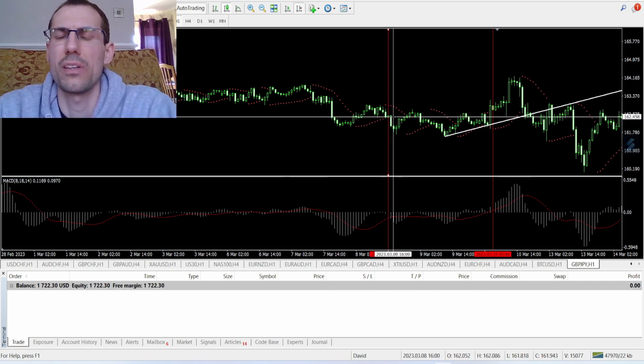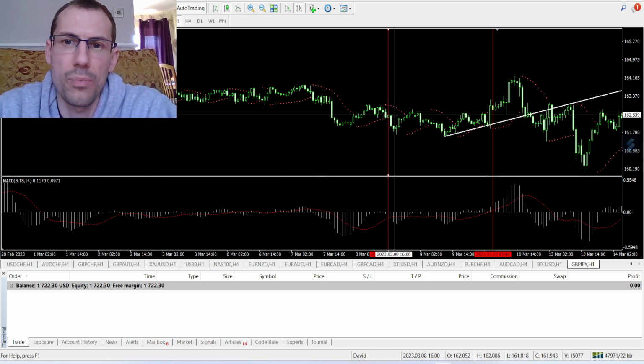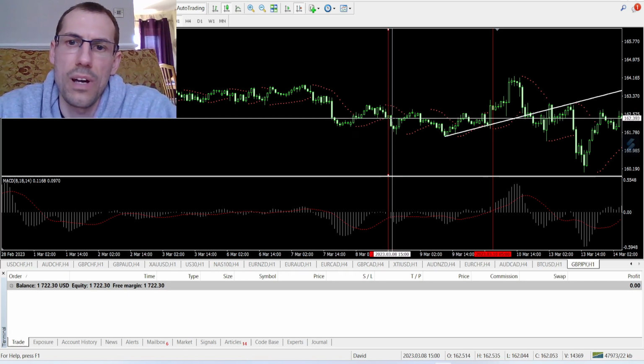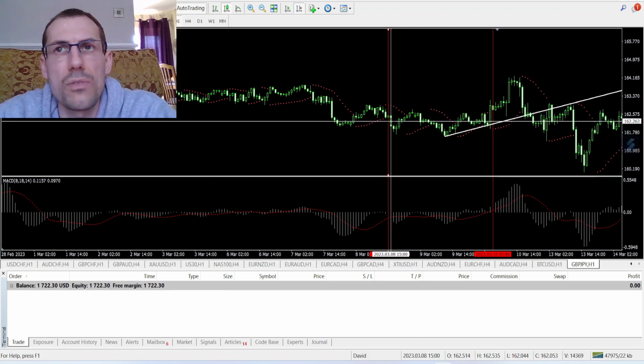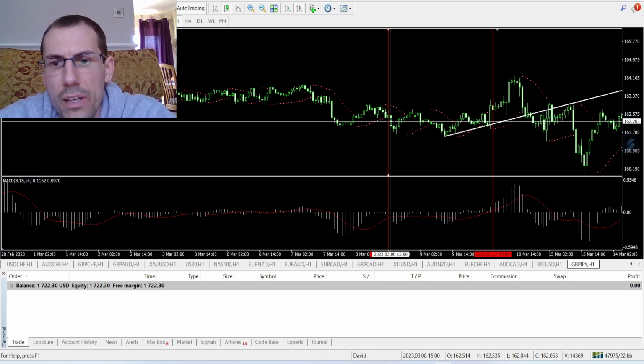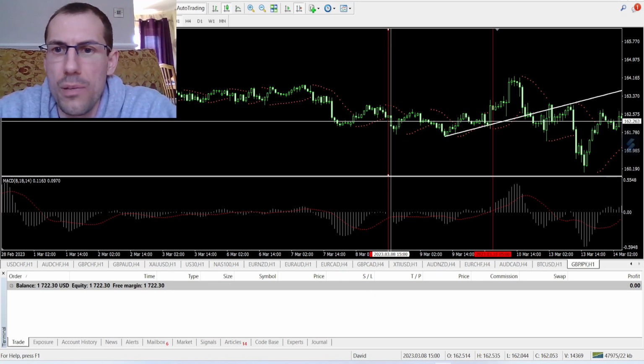At some point. So you have 90 pips here. You have 90 pips here. So I would pull my stop loss to break even after 1-to-1 risk reward ratio, so after 80 pips.